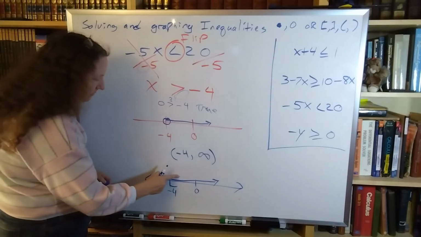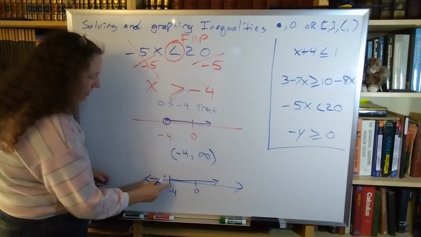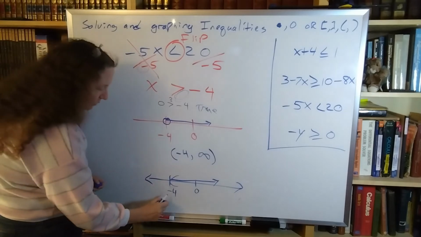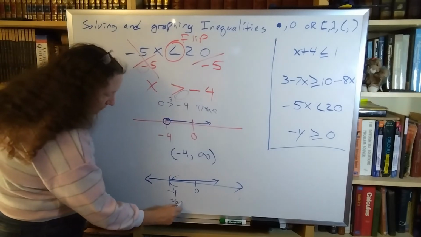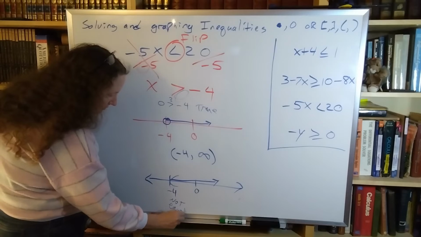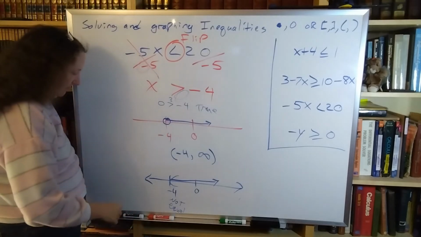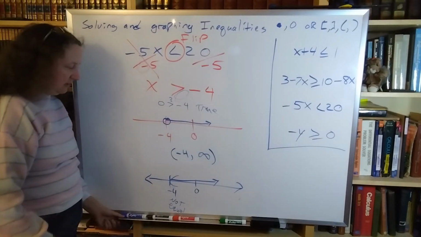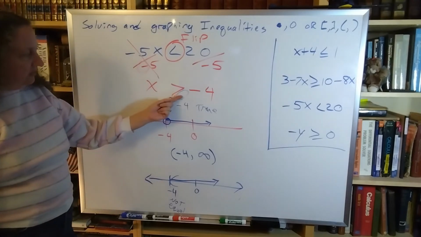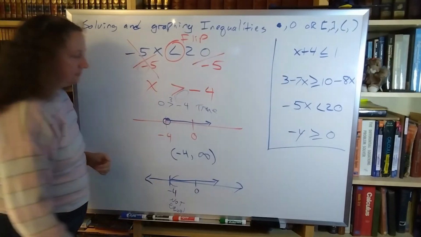I made a mistake, that should not be square there, that should be round, because it is not equal. So that should be a round parentheses, because it does not have the equal sign there.